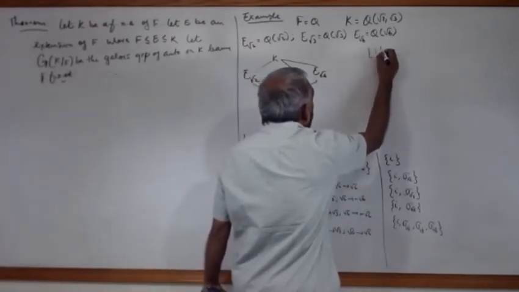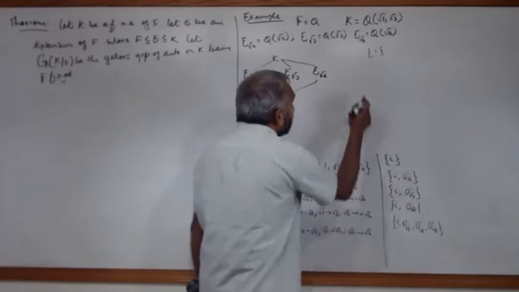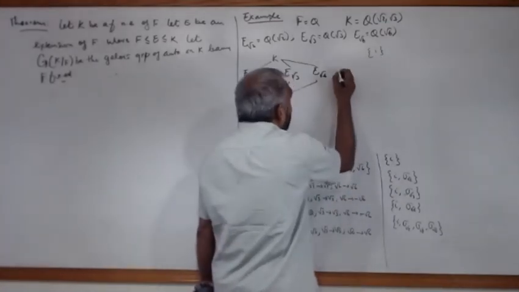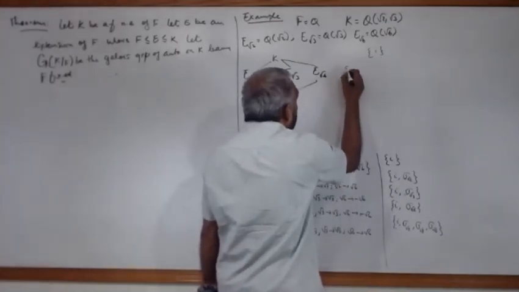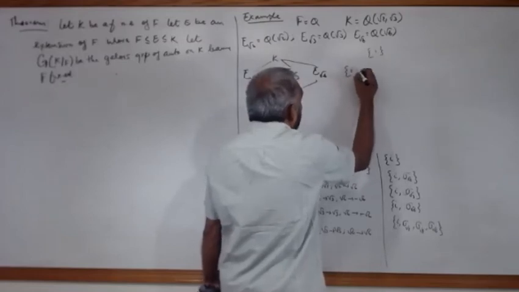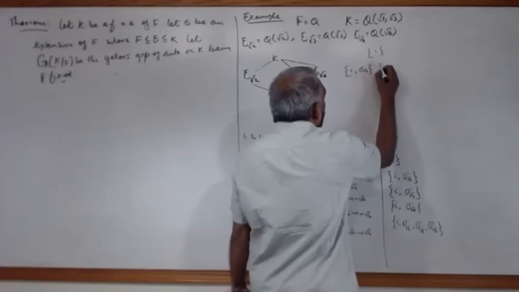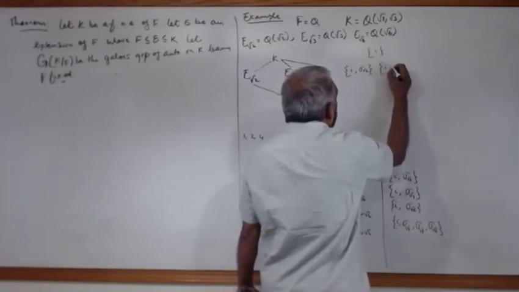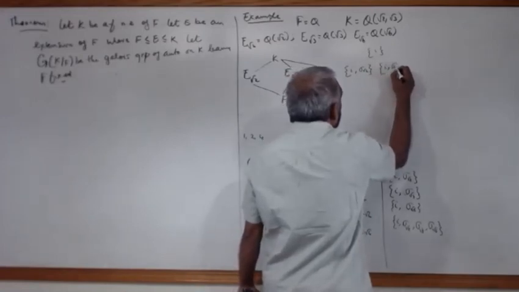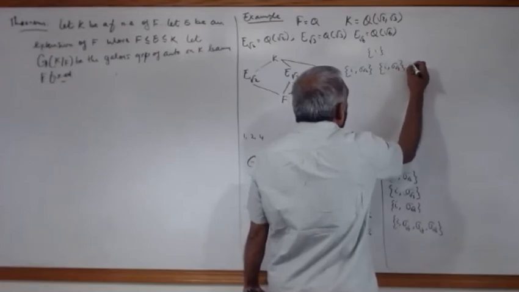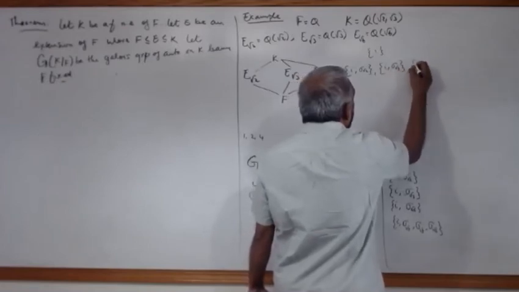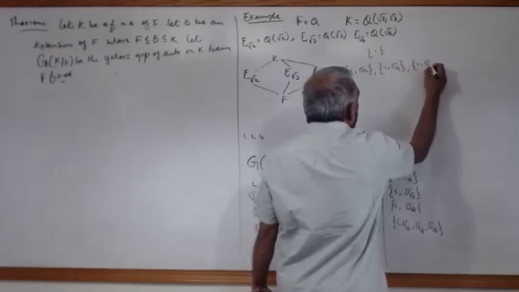So the subgroups: we start like this. I, then this is order 1, then we will write the order 2 here, that is I sigma root 2, then I sigma root 3, then I sigma root 6.